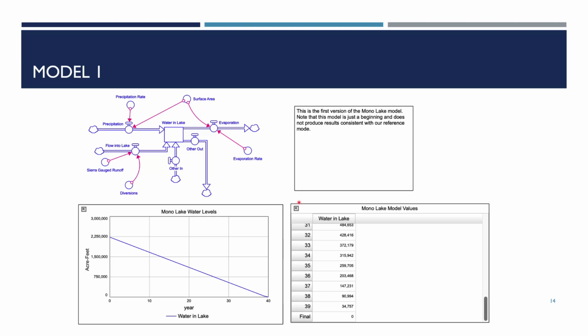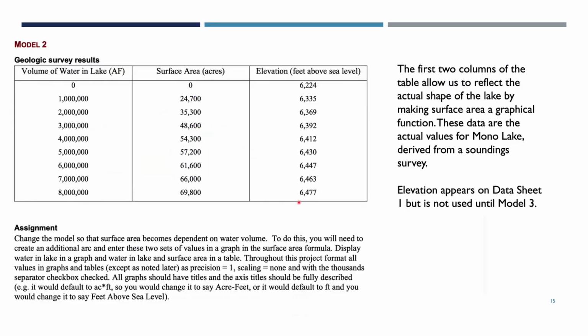The lake had a lot of geologic surveys done, so we have really good data on the lake. And so we have this relationship between the volume of water in the lake and the surface area of the lake. And so in that way, we can build that into the model.